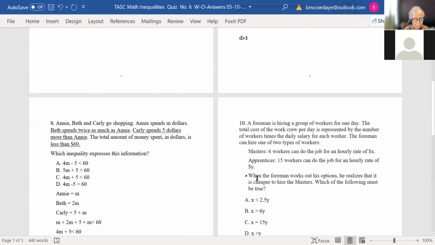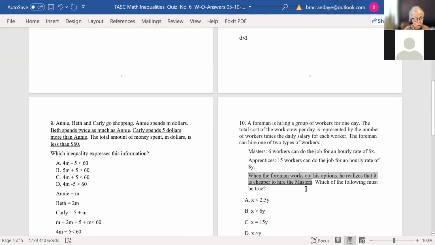Here's your clue. When the foreman works out his options, he realizes that it's cheaper to hire the masters. What does that mean? That means that what the masters do would be less money than what the apprentices do, so that's like a less than.